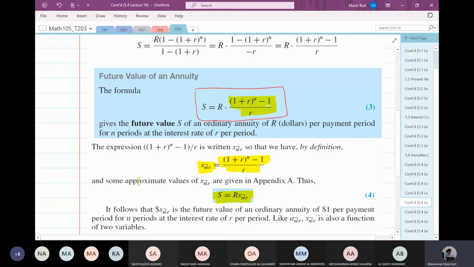And these approximate values are given in appendix 1 as we have discussed in the last lecture. So similarly, if we say that this capital R is 1, then the formula becomes, this capital S will become small s n angle r, like we have here. But it is not necessary that this capital R is $1. So whatever is the capital R fixed amount that we pay after every period, we will put this and we will get the answer.